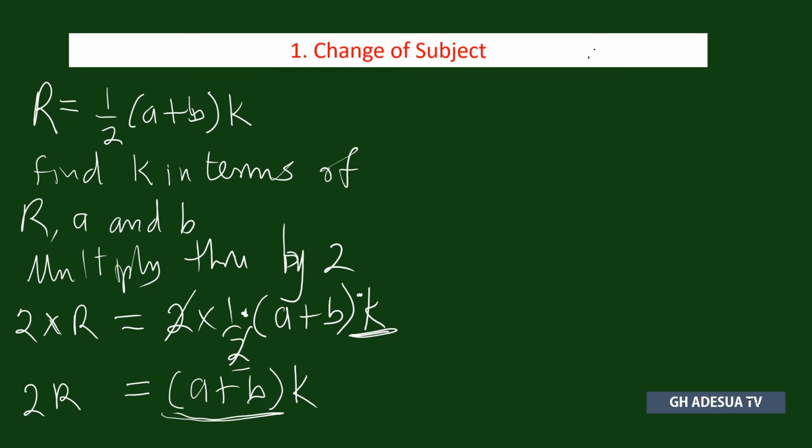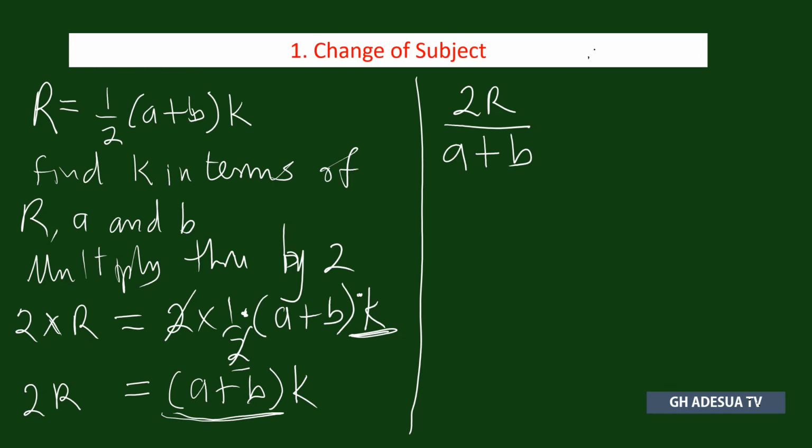So we divide through both the left hand side and the right hand side by that A plus B. So let's go. Left hand we have 2R over A plus B is equal to the right hand side we have A plus B bracket closed K over A plus B. Now on the left hand side there is nothing you can do, it cannot cancel out.